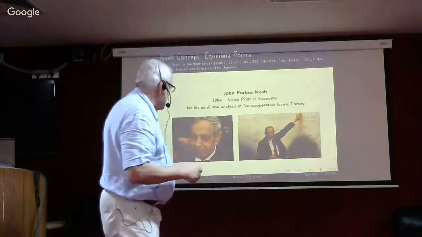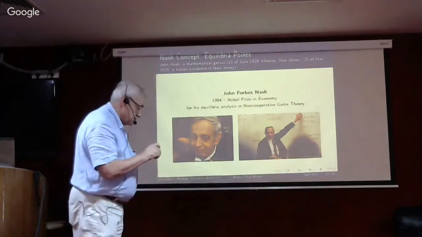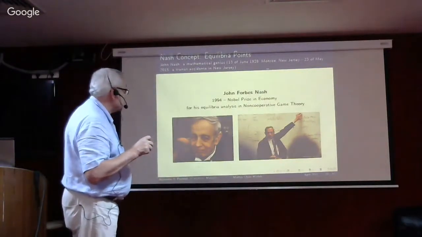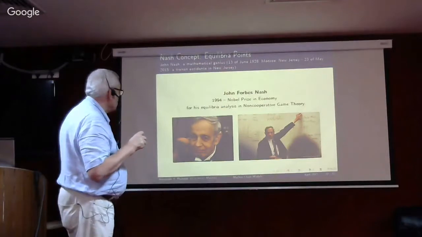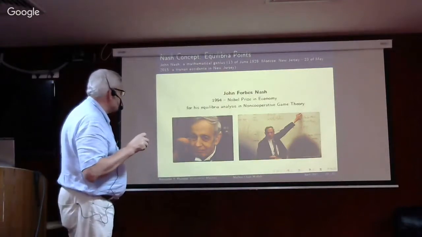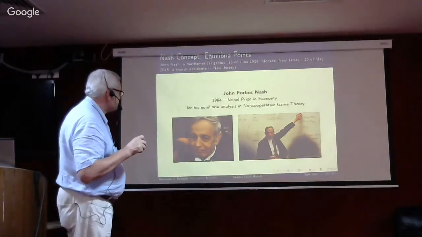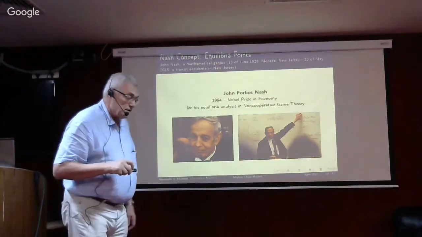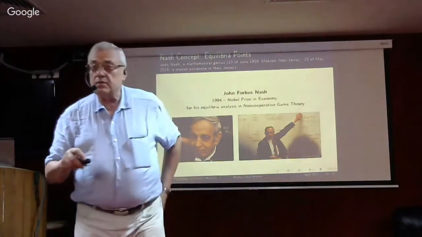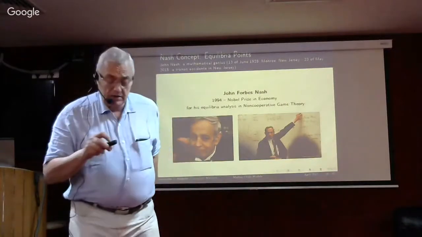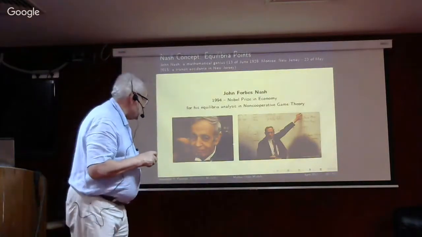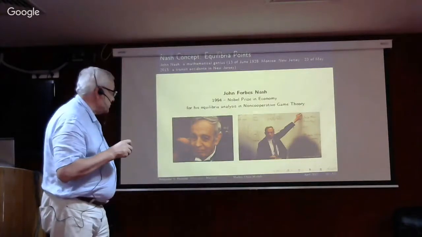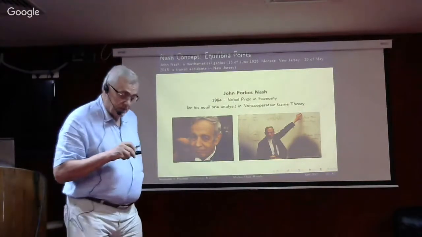Then Nash, he obtained the Nobel Prize in '94, and I guess he published his paper in '52. He died recently in 2015. Maybe you saw the film A Beautiful Mind about him. So he formulated the non-cooperative game.